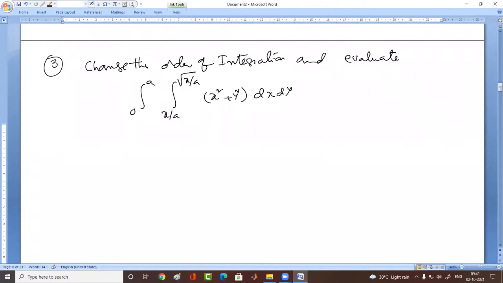Integrand is very simple, don't worry, integration is very simple. If you understand the concept, then it is very simple.